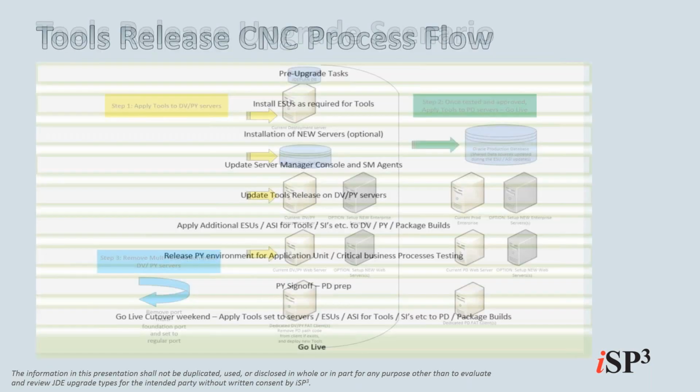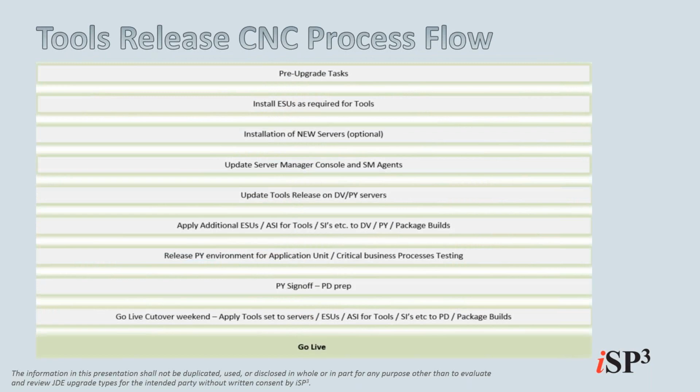So the process flow for the tools upgrade is a little bit different. It's a little less, but I want to emphasize the importance of understanding the tool set, because where you're coming from and where you're going to, the impact may be small or great. So for instance, if you're moving from 898 to 923, is there an impact?